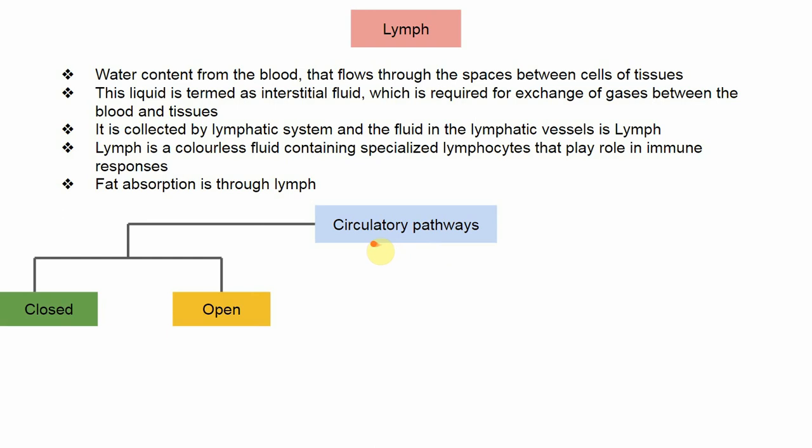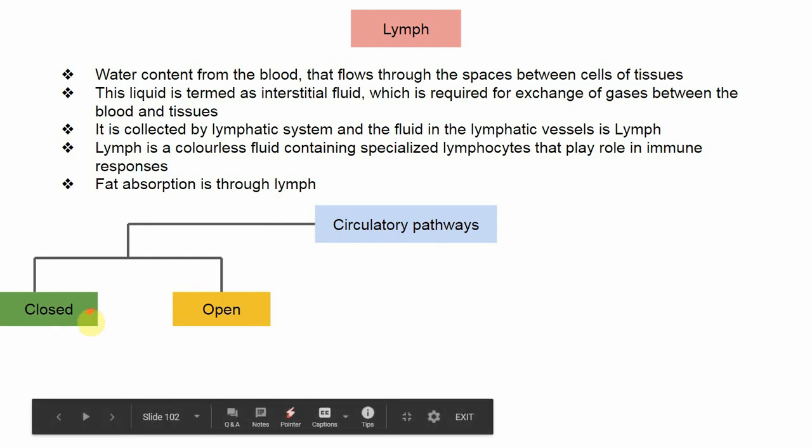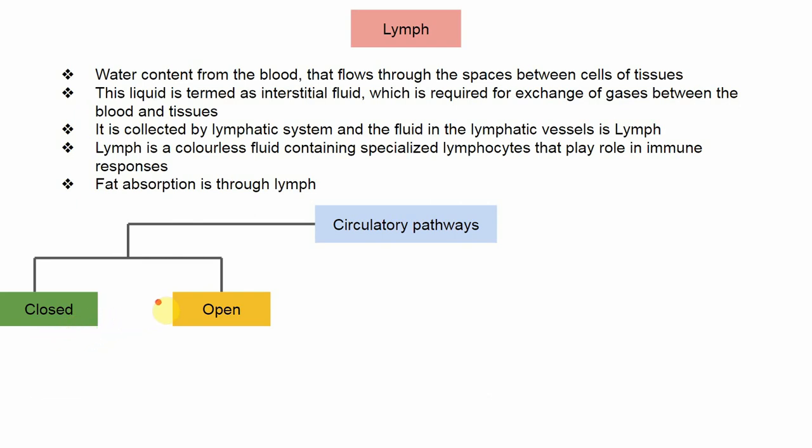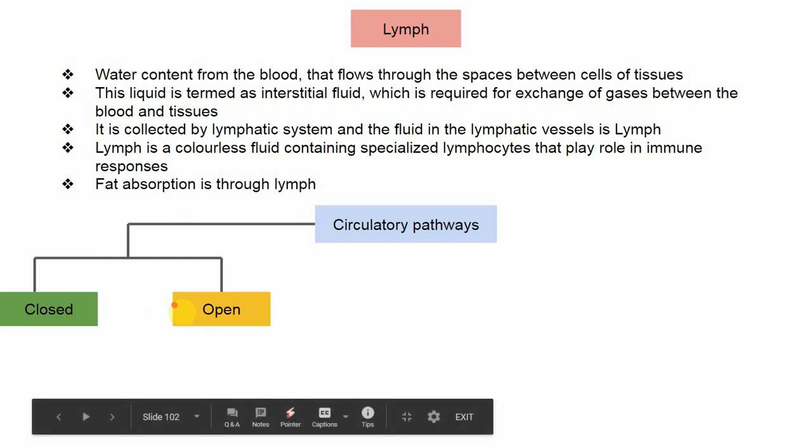So you know that the circulatory system may be of two types. The first one is called the closed circulatory system. That is, if the blood is flowing in the blood vessel, it is called the closed circulatory system. But if the blood is directly flowing into the body cavity, it is called the open circulatory system.